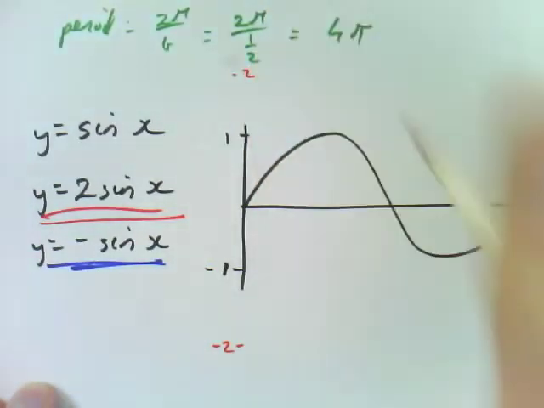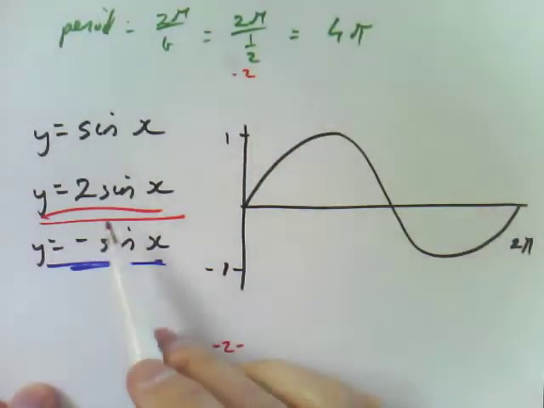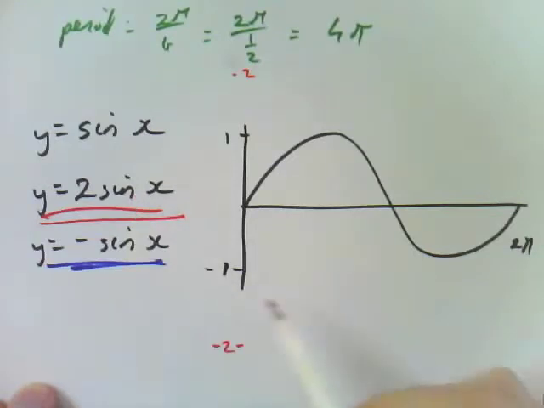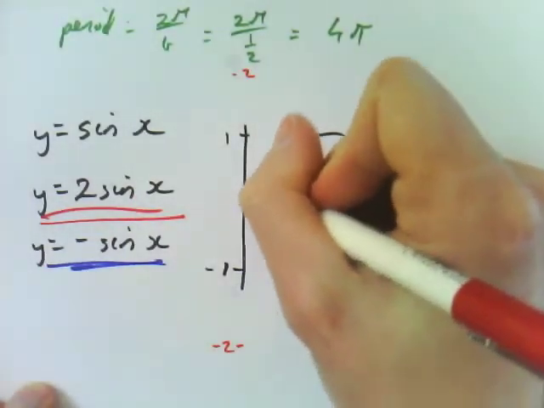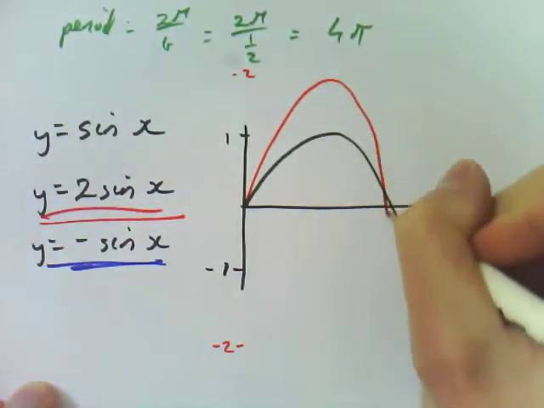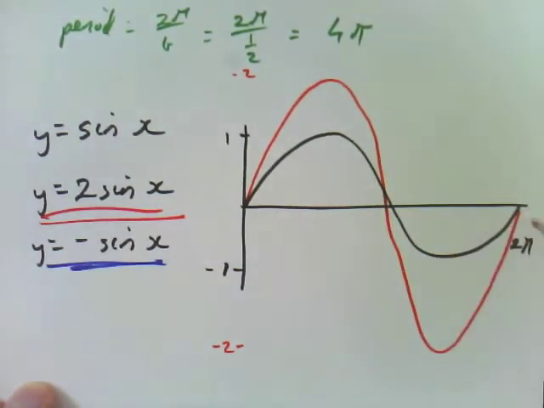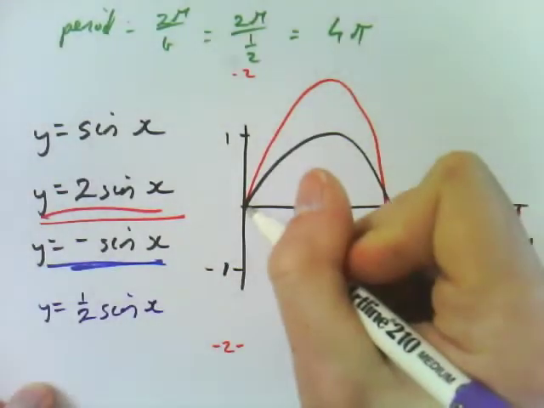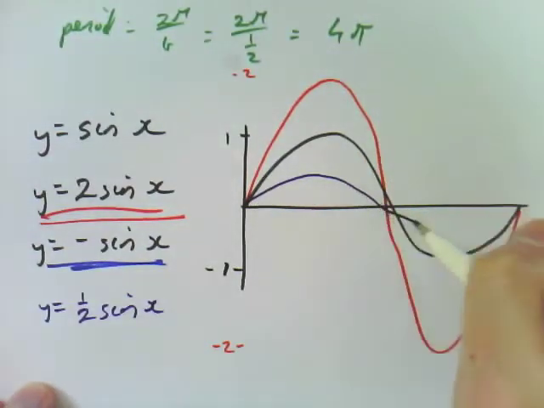I haven't changed my period, so I'm still going to get exactly the same amount of graph in that time. I'm still going to go up, come down through that point, go all the way down and back up through that point. If it was a half, which I probably should draw, let's draw that in purple, 1/2 sine x, that would do the same thing but only go half as high.